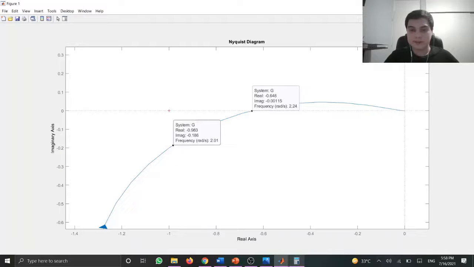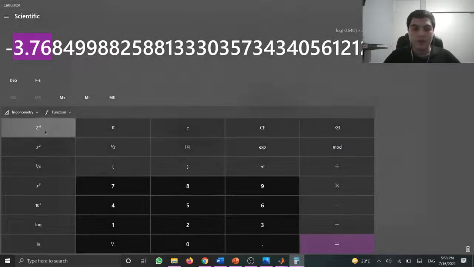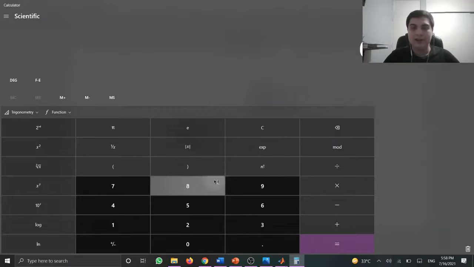For the phase margin, we need to see at what point we hit the unit circle. In this case, this will be the location at which we hit the unit circle, because this is the one of magnitude 1. Because we are in the third quadrant of the plane, in order to find the phase value, we need to find the phase at that point.